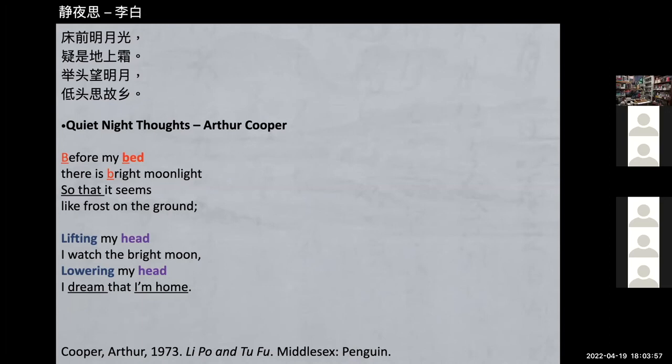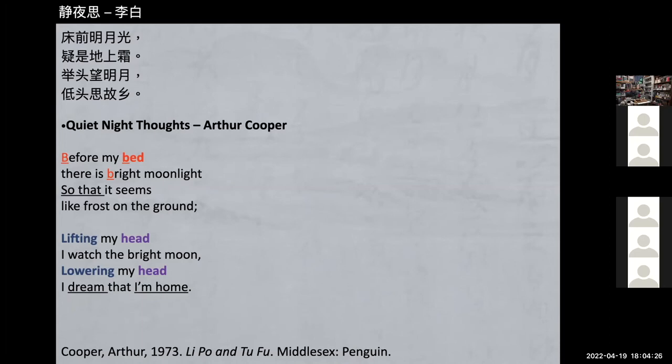Again, lifting and lowering. The original poem is antithetical. We can't give the translator too much credit because the original is like this. But the credit we can give the translator is that he used lift and lower, both starting with L, another alliteration.